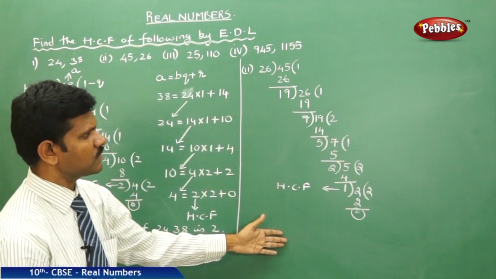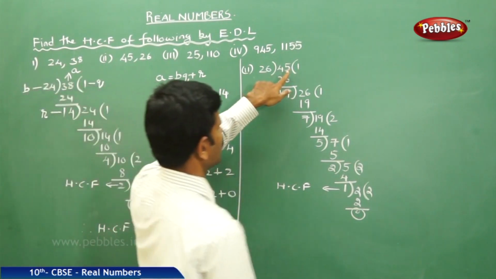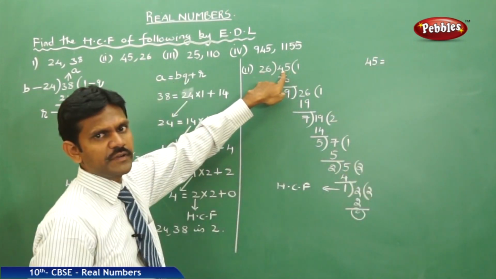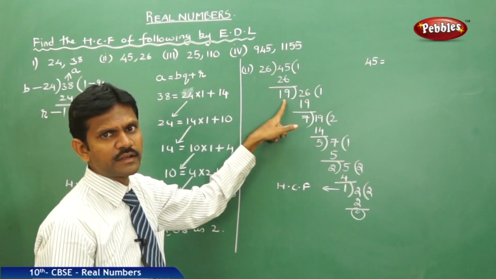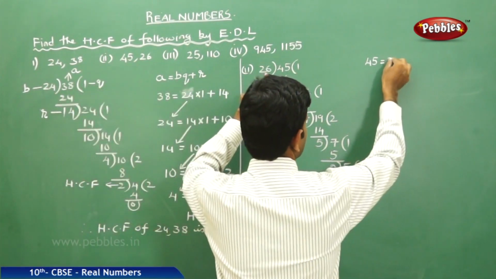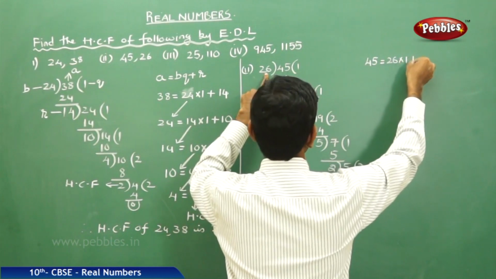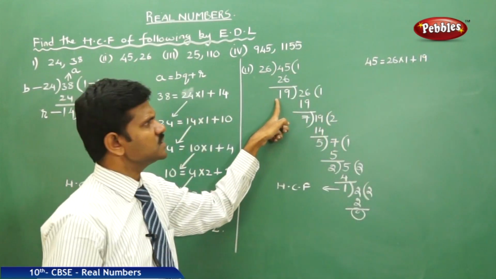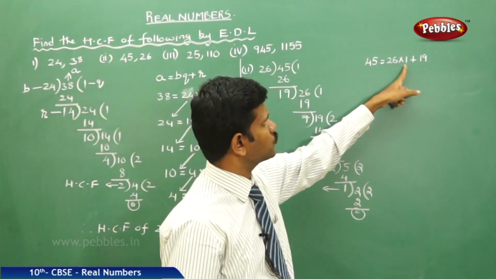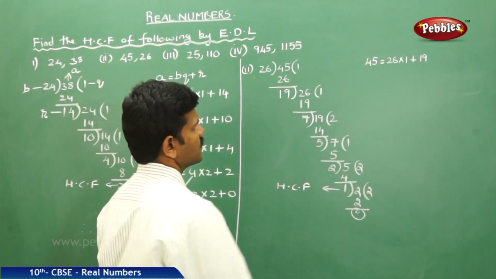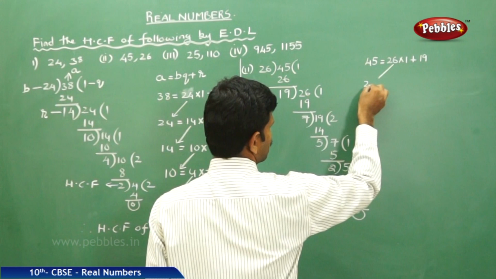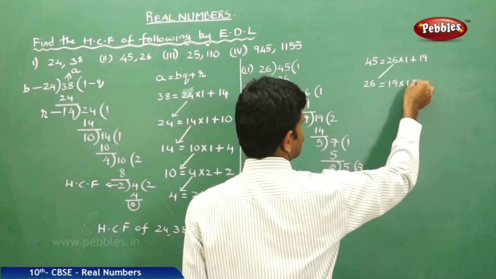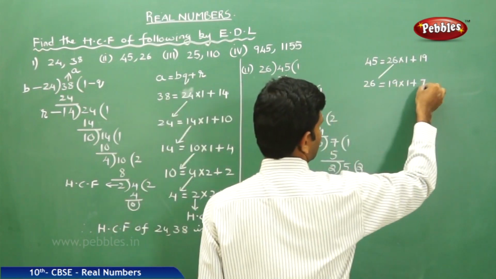Now based on this, you can prepare the data. First, 45 is your dividend, then divisor, quotient, remainder. 45 can be broken down into 26 × 1 plus remainder 19. That is a = bq + r. Next, what is your next dividend? 26. 26 breaks down into 19 × 1 plus remainder 7.